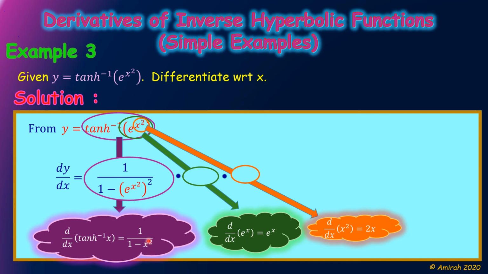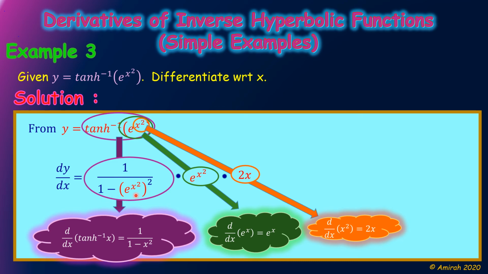From the formula, we have 1 over 1 minus, replacing x by e to the power of x squared in brackets, squared. For the second circle, we refer to the derivative of e to the x, which equals e to the x back. This means if we differentiate e to the power of x squared, we have e to the power of x squared also. Then we differentiate x squared, the answer is 2x. Now we are done differentiating.